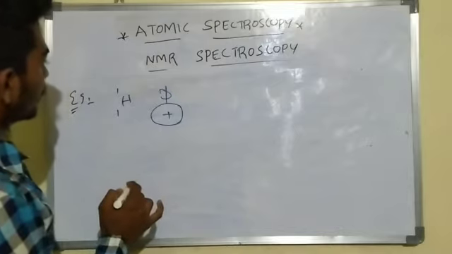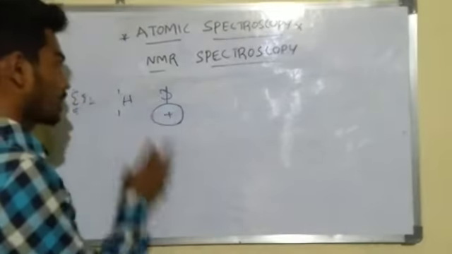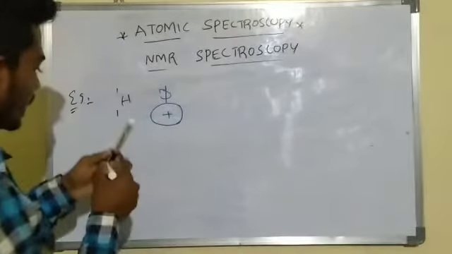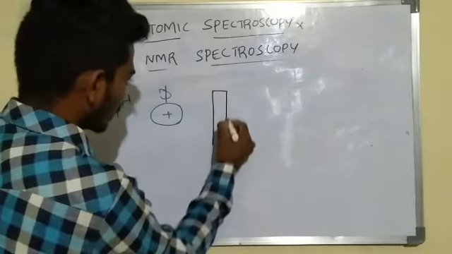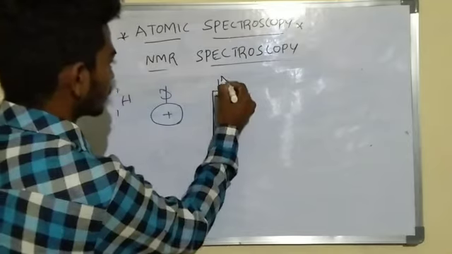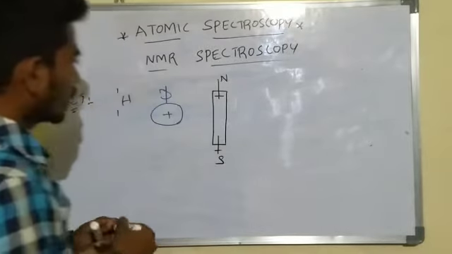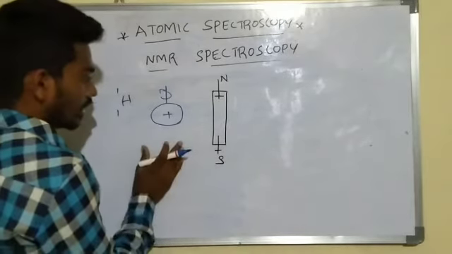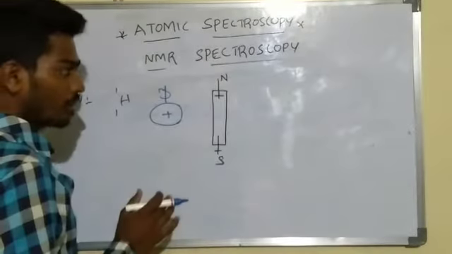In NMR spectroscopy, this nucleus acts as a tiny magnet like this. This is the north pole and this is the south pole. This is the nucleus which acts as a tiny magnet in NMR spectroscopy.